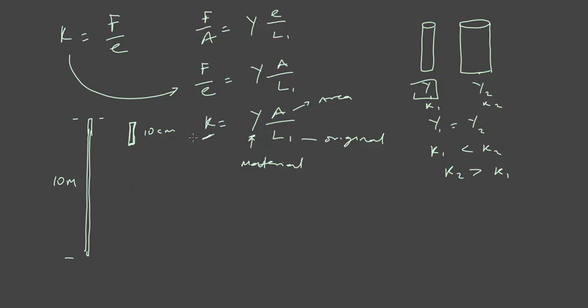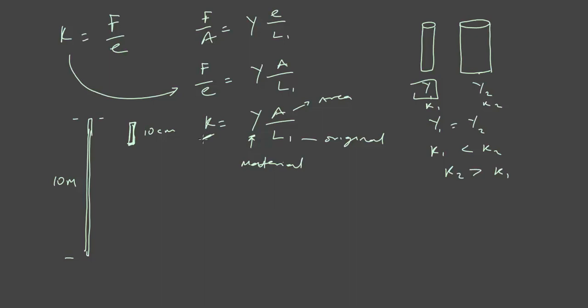That's why you can easily bend a beam that is quite long compared to a beam that is quite small. The reason is the stiffness of a long beam is lower than the stiffness of a very small beam because the stiffness is inversely proportional to the length. The higher the length, the lower the stiffness.